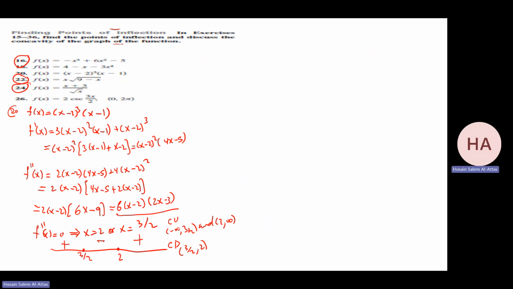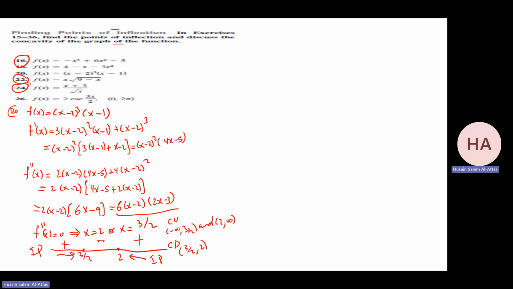Is there a point of inflection? Yes. This is an inflection point, and this is an inflection point. So we have 2 points of inflection. And you can find them with the f values.